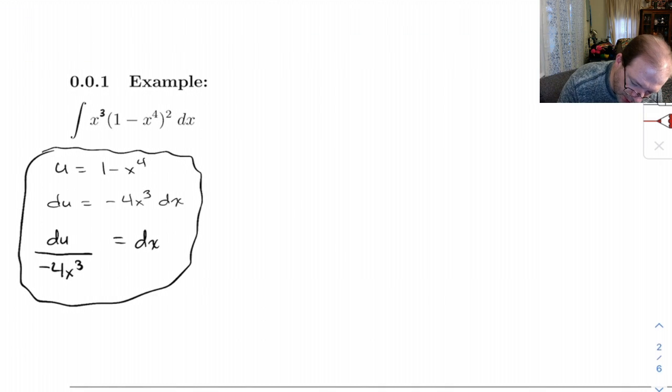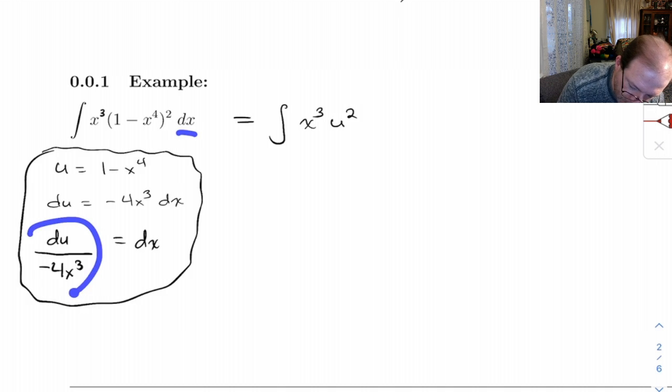Now I'm going to come over here and I'm going to rewrite the integral. Now everything that's over here has to show up in my new integral. So I've got x cubed. Then I've got this right here. I'm going to rewrite that as u squared. Then I'm going to replace the dx with this.